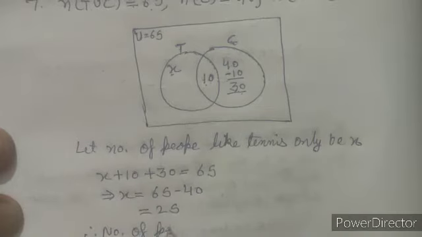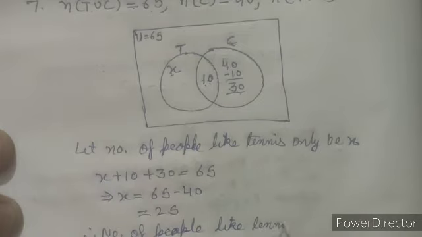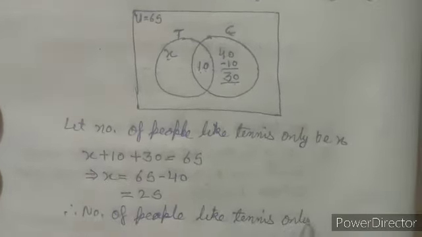Thus we can say that the number of people who like tennis only is equal to 25.